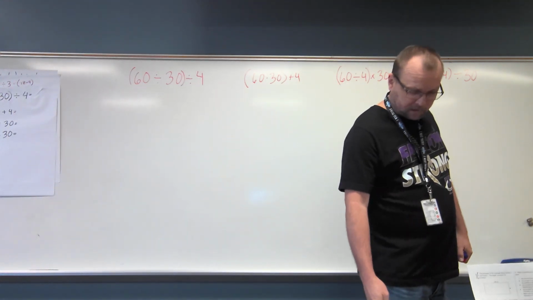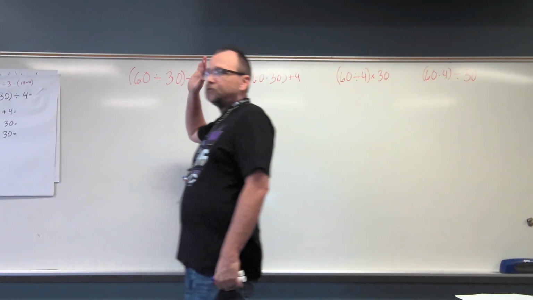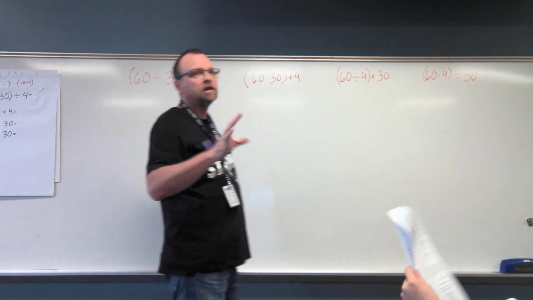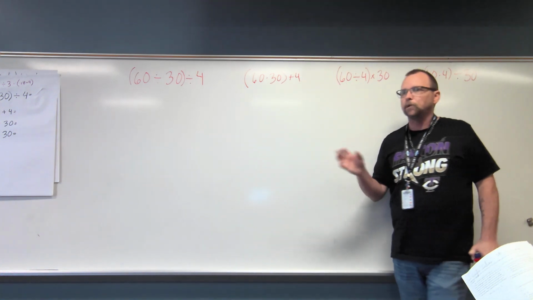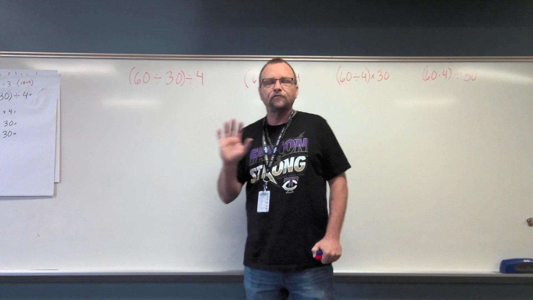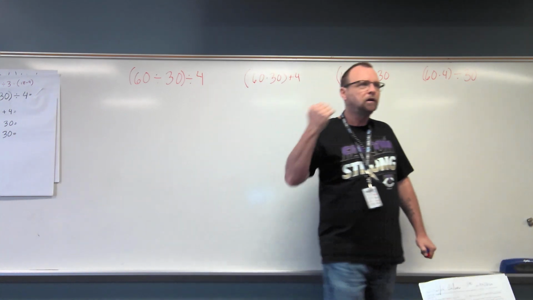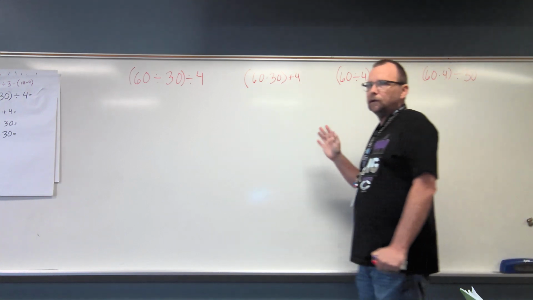Because honestly, the 5.3G, the one where you have to pick which equation would answer this question, I don't want to say one of the more difficult questions, but it's some of the types of questions that are more frequently missed. But it doesn't have to be that way if you'll show your work and work out each of your answer choices.